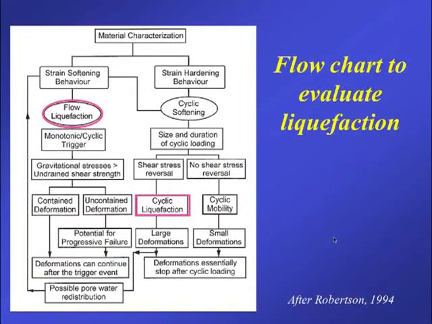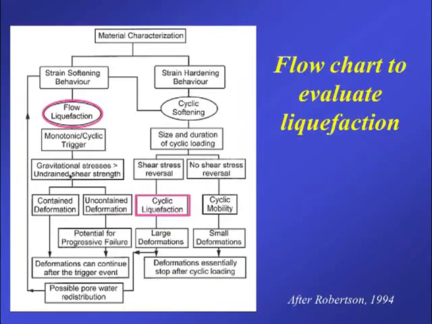So back in the 90s, when we had the research project called CANLEX, the Canadian Liquefaction Experiment, we did develop this sort of simplified flow chart that said, first of all, you want to characterize the material behavior, and it can either be generically strain softening or strain hardening. If it's strain softening, then of course you can have flow liquefaction. You can have either a monotonic or cyclic triggering.